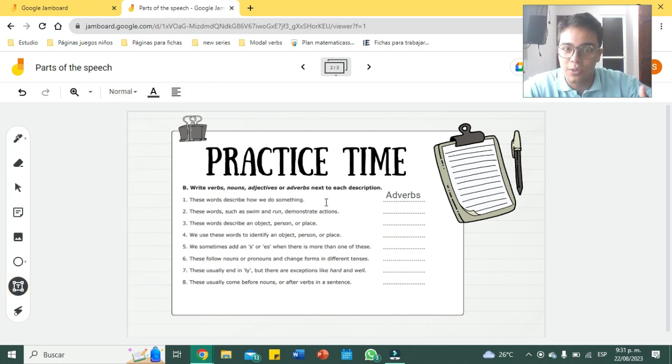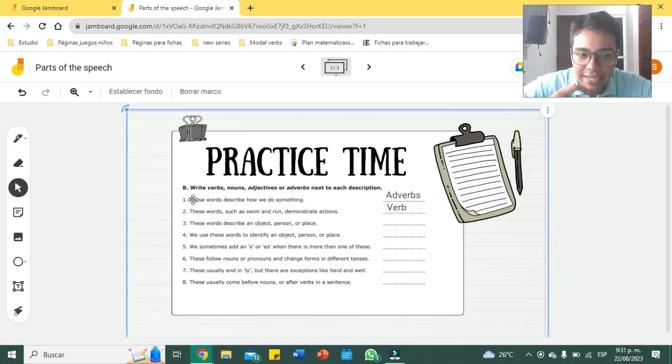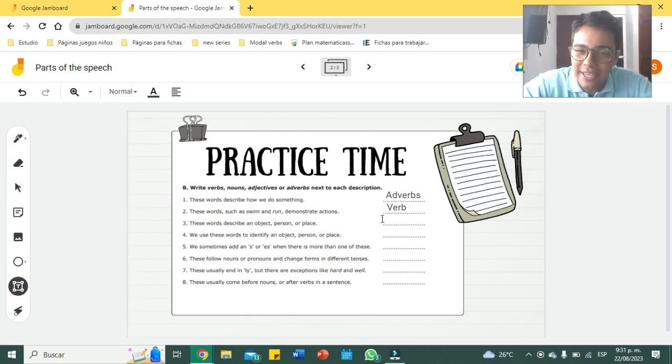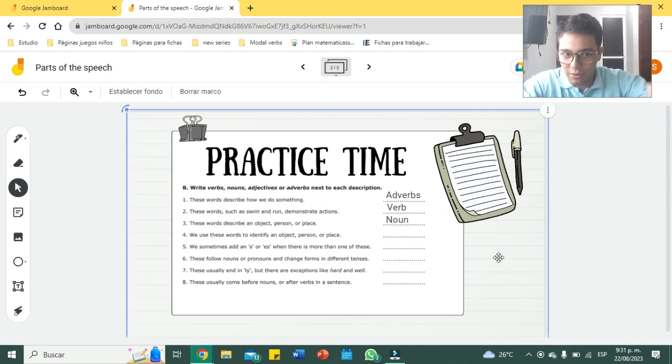An action, we are talking in this case about a what? Of course, we're talking about verbs. The next one, this word describes an object, a person, or a place. What do you think will be the answer in this blank space? Of course, a noun.